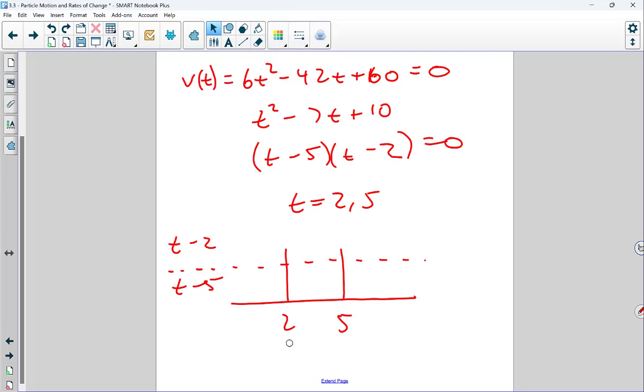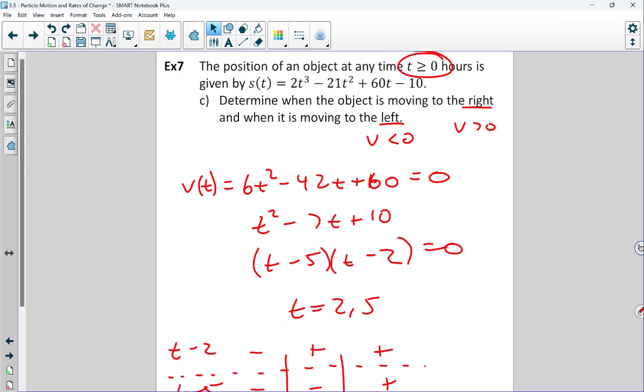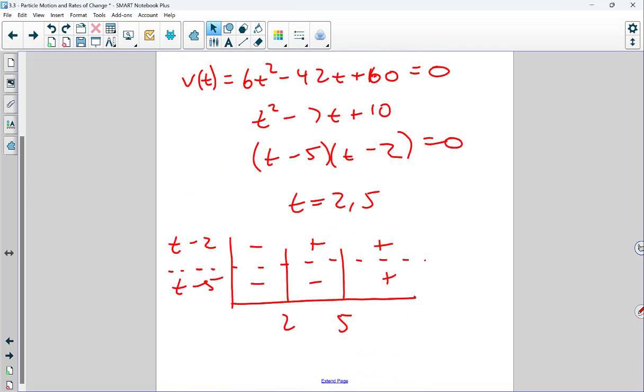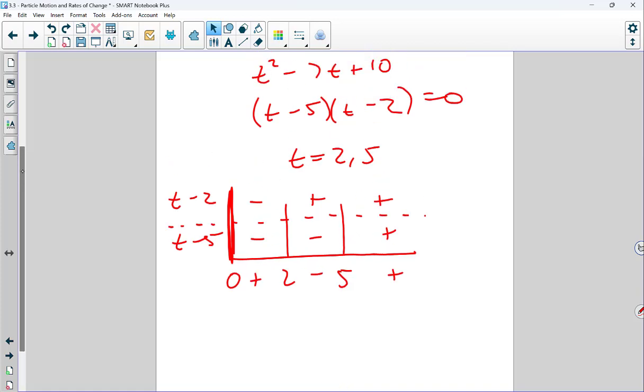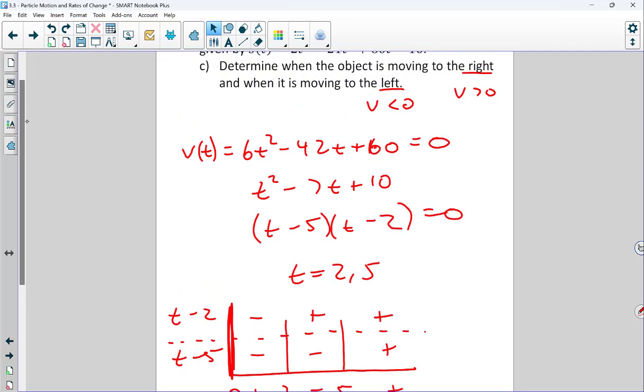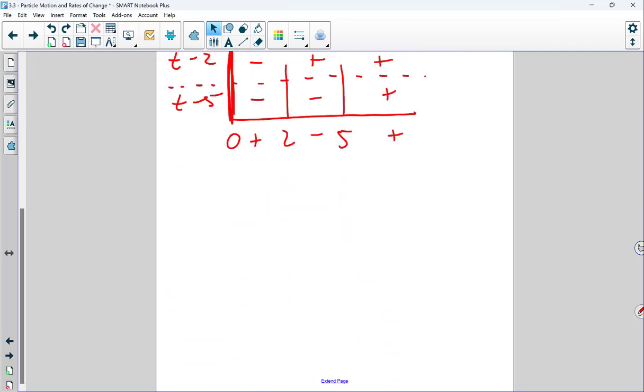t minus 2 is 0 at 2 and positive to the right, negative to the left. t minus 5 is 0 at 5, positive to the right, negative to the left. Let's not forget about our domain restriction. We have a hard stop at 0. So from 0 to 2, positive, negative, positive. The question is moving to the right, moving to the left.